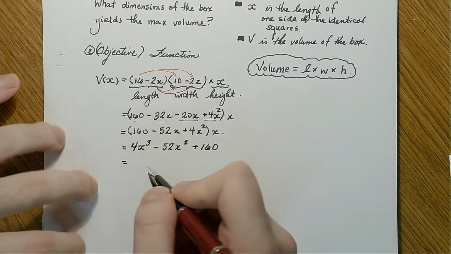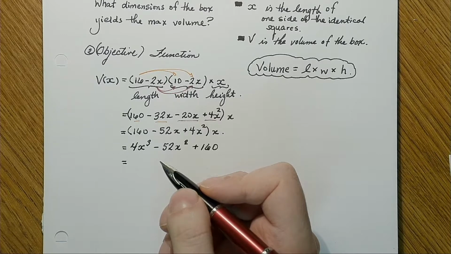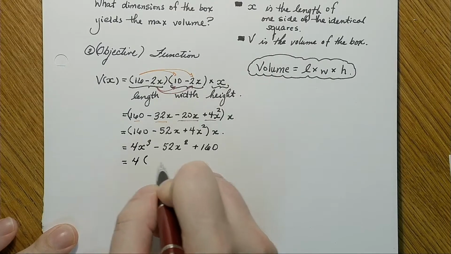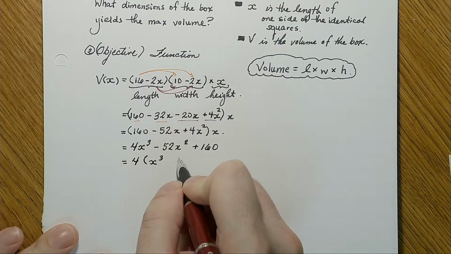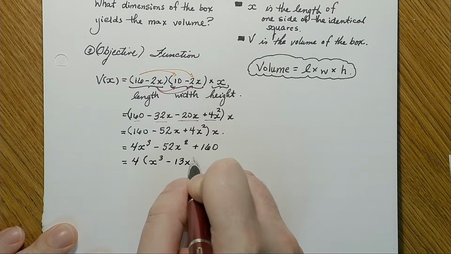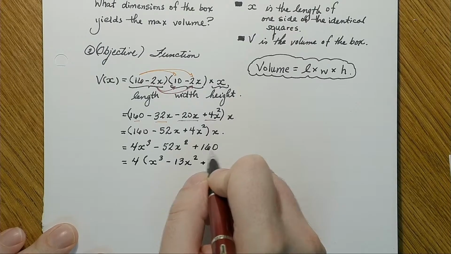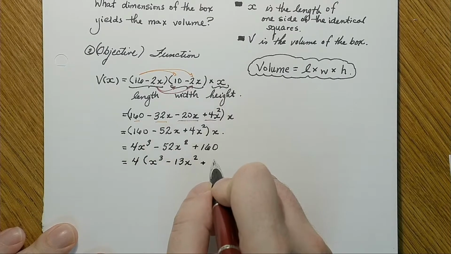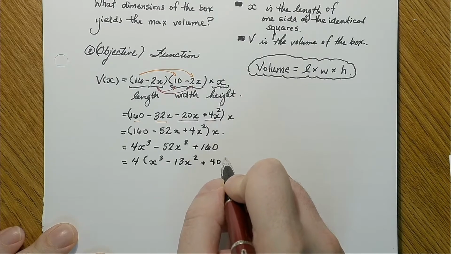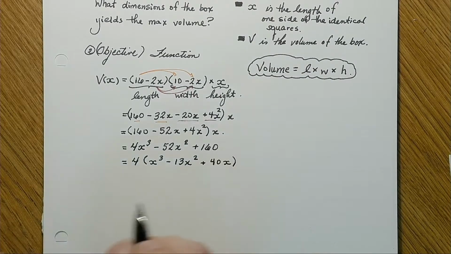And okay, I think the other thing, what I'm going to do is, I know, I'll pull out a 4. 4 goes into 52 13 times. 4 goes into 16 4 times, so that's 4, or because of the 0, it's 40. Okay, so we have our objective function.